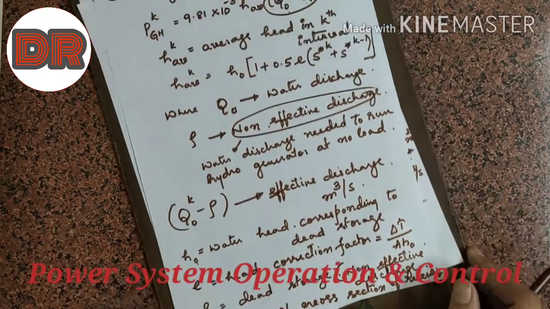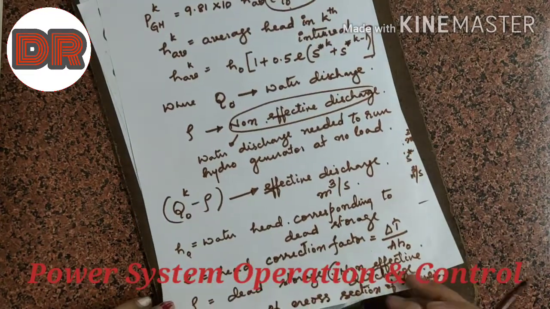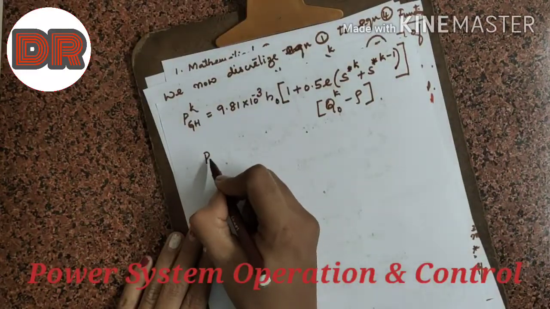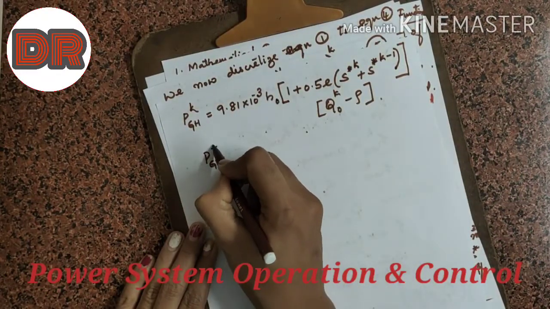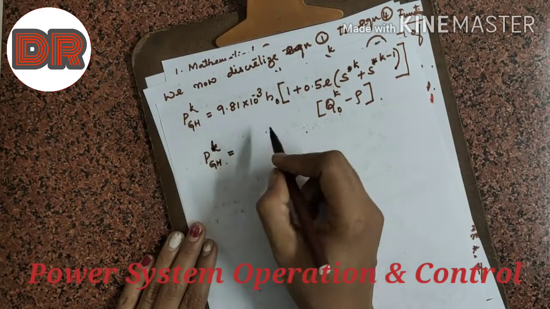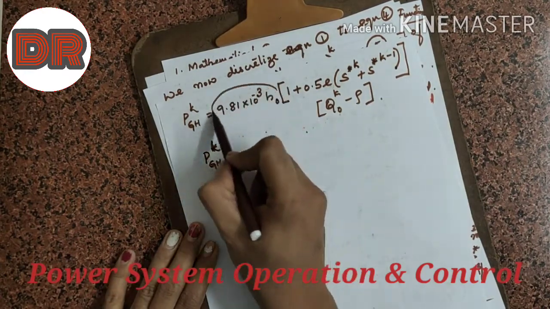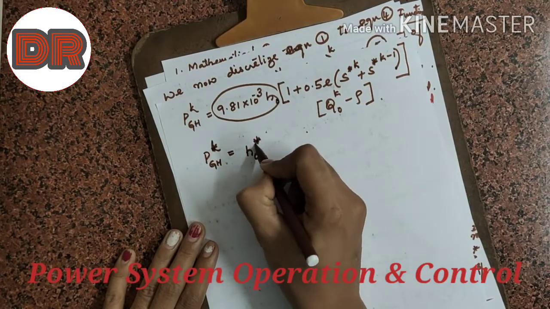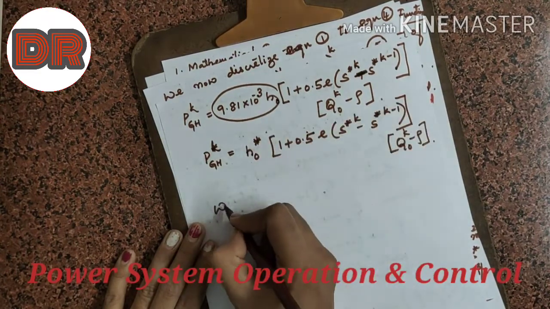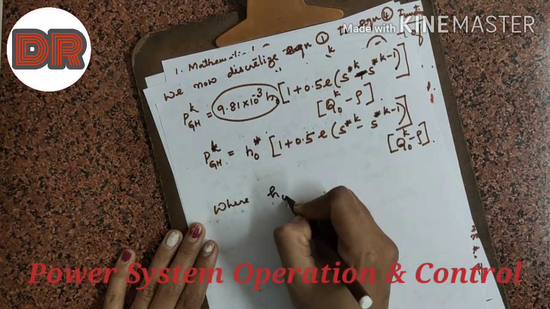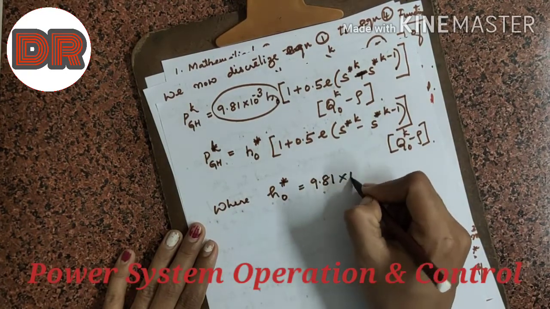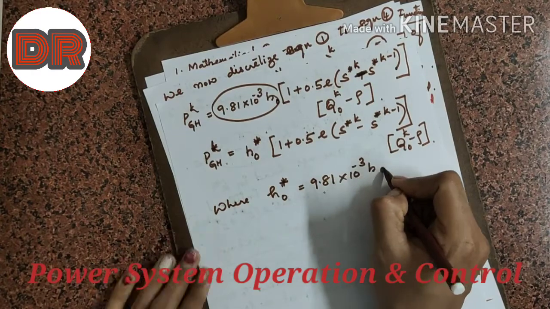So let us substitute these in the equation. So we have Pg, so let me simplify this further. So Pghk can be written as, now let me write this term as H star. So H naught star, where H naught star is nothing but 9.81 into 10 to the power minus 3 H naught.